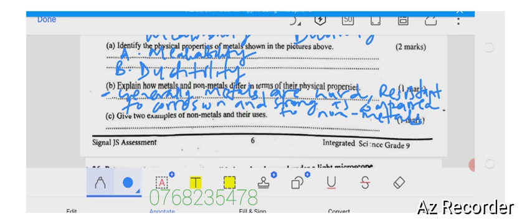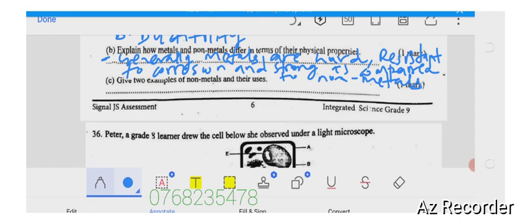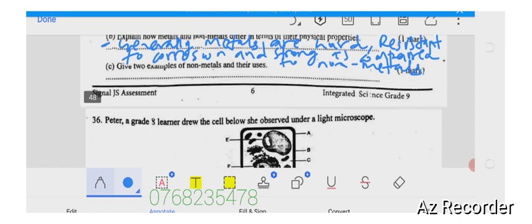Yes. Give two examples of non-metals and their uses. There are a lot of non-metals.